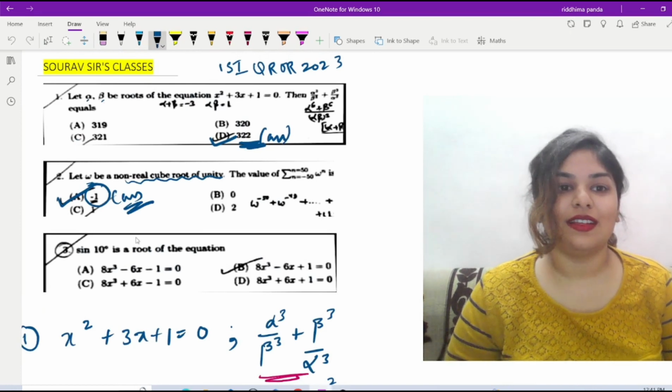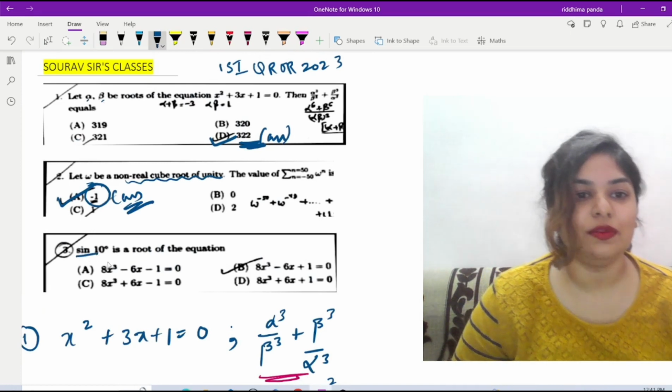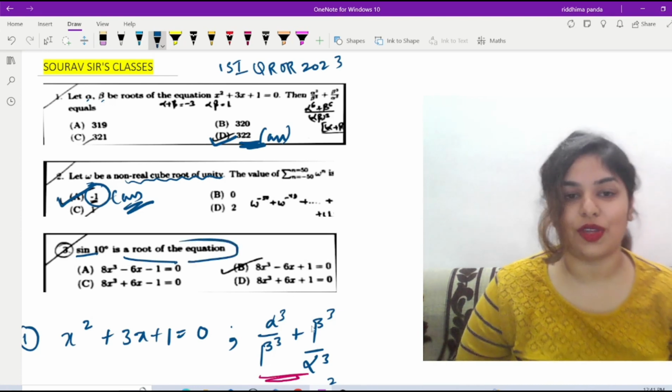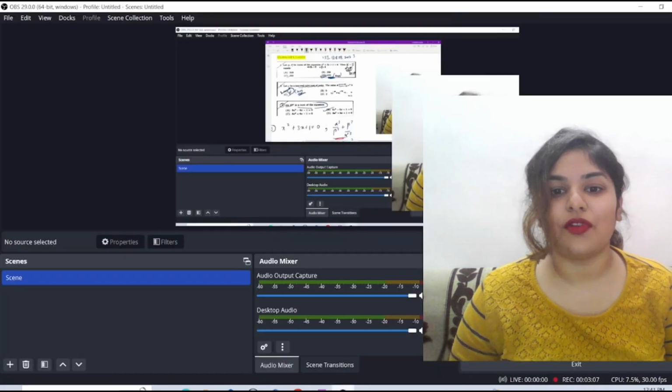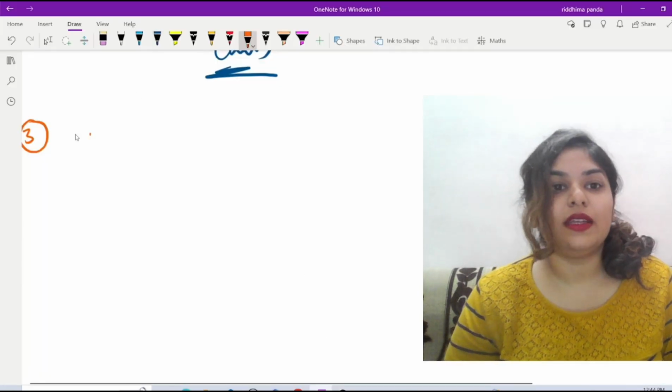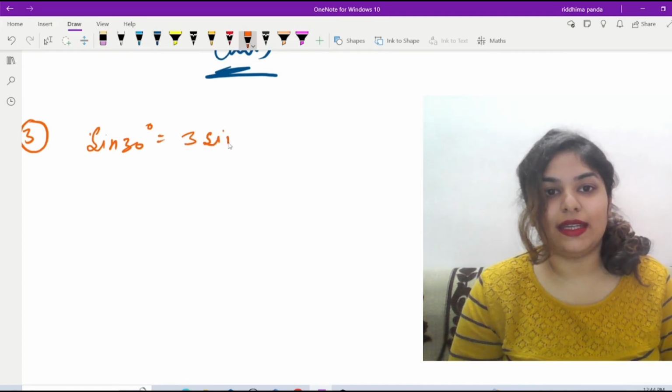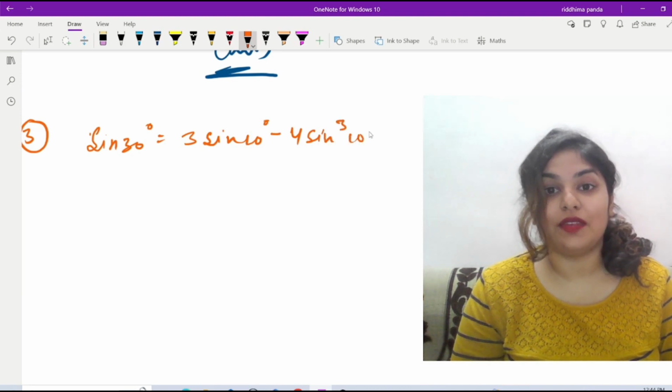Next question, that is sine 10 degrees is a root of the equation. So we have to find out the equation, right? For that, we have to find out sine 10 degrees, right? Now sine 30 degrees can be written as 3 sine 10 degrees minus 4 sine cube of 10 degrees.